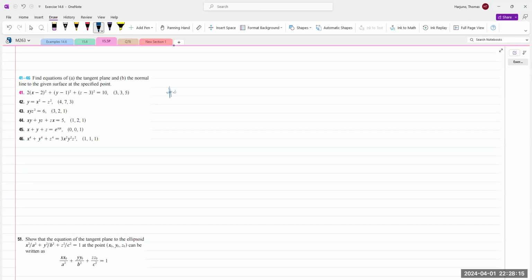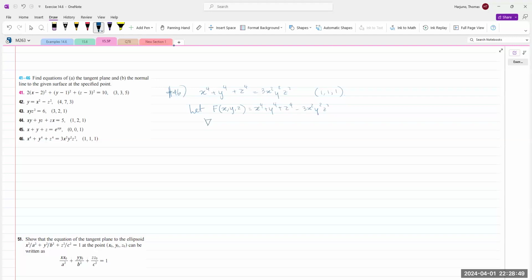Number 46, we have x to the 4th plus y to the 4th plus z to the 4th equals 3x squared y squared z squared at 1, 1, 1. Okay, define a function, let f(x, y, z) equal x to the 4th plus y to the 4th plus z to the 4th minus 3x squared y squared z squared.